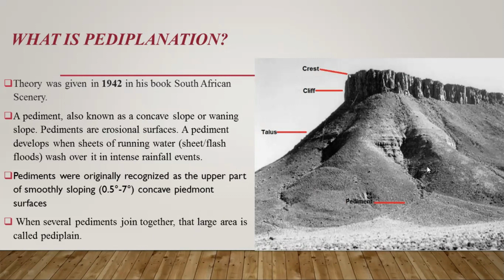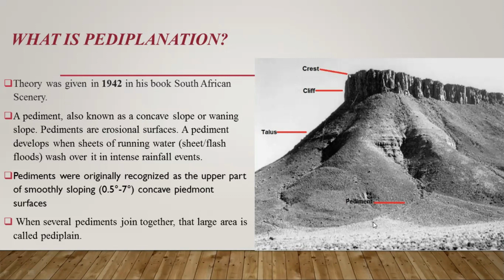And for a pediment to develop, flash floods are very much essential. In a semi-arid region, a lot of flash floods or sheet floods occur, and because of the sheet floods, they bring this erosive material down the hill like this.